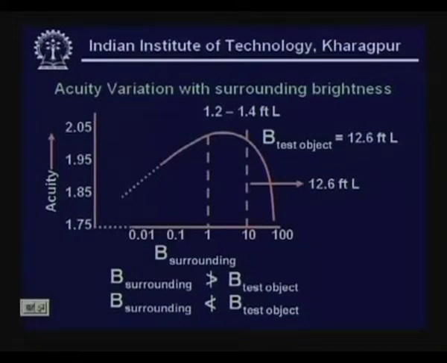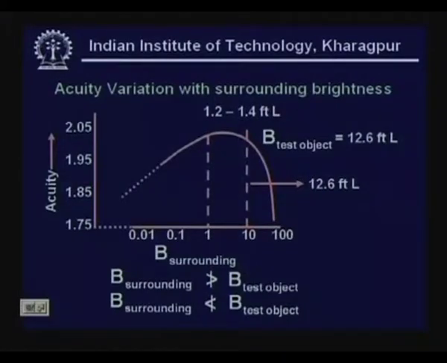Okay. What do we find is the background brightness. Now, this particular curve corresponds to the test object brightness of 12.6 foot lamberts. What does it say? It says that approximately 1/10 surrounding brightness enables good acuity of observation.